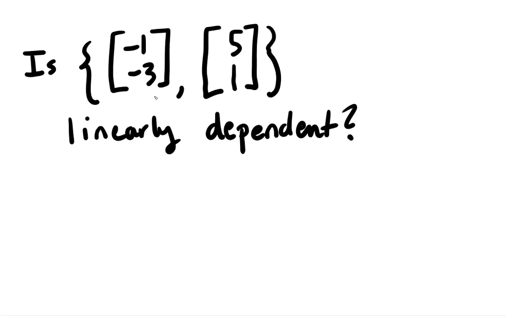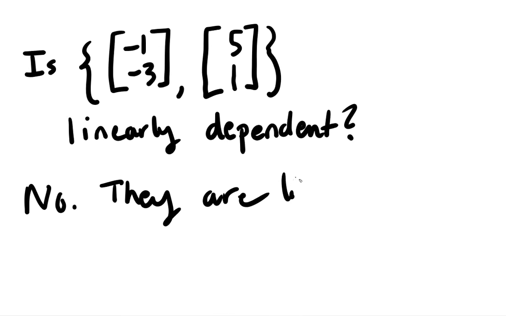In fact, each one of the vectors cannot be written as a combination of the other vectors. So we can determine no, they are not linearly dependent. In that case, they are linearly independent.